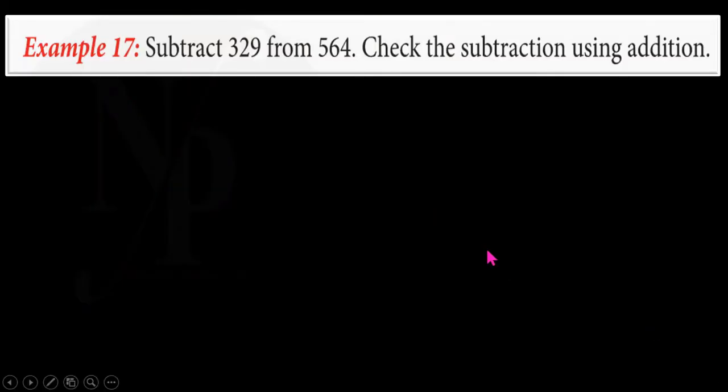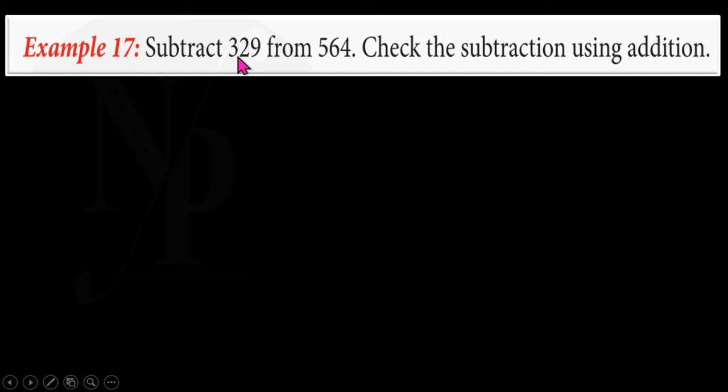Let's look at the example number 17 in your textbook. Subtract 329 from 564. Check the subtraction using addition. So in this question, there are two things to be done.